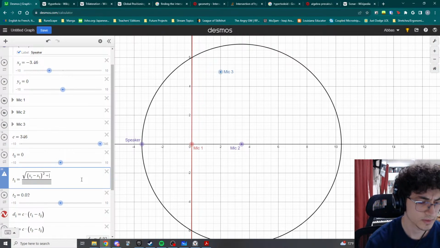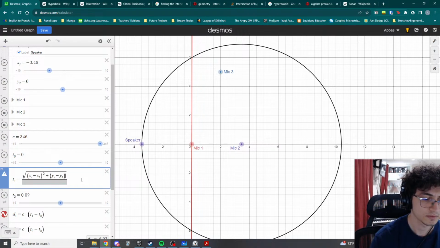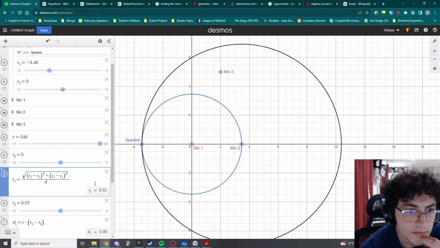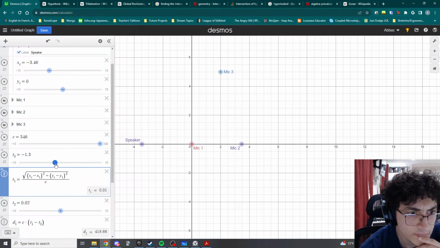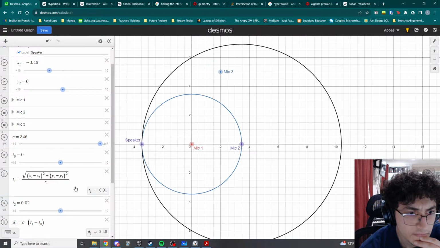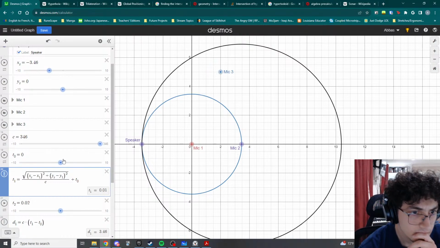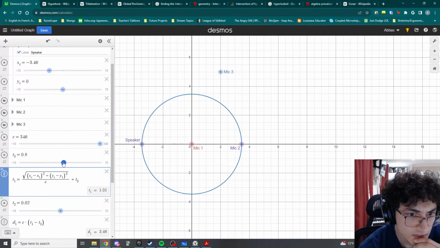Oh, right. Why am I tripping so much? Man, I am rusty with this stuff. Squared. It's all going to be divided by c. So t1 is going to be 0.1 plus t0. So then if this goes up, this also goes up.